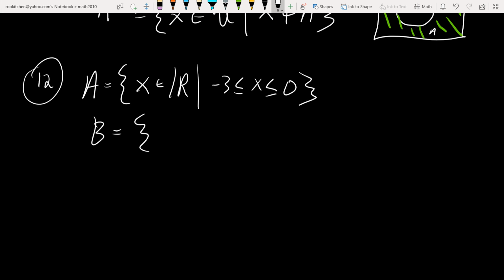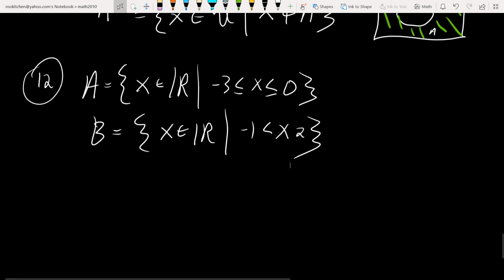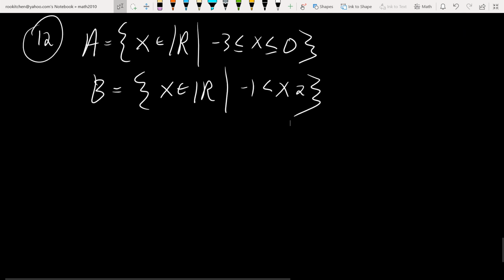B is the set of all x in the reals such that x is in between -1 and 2. When I get these, I like to write it all out because some of the problems on WebAssign are so long that you'll scroll away from the original definition. So if you have it written down on a piece of paper, you don't have to keep scrolling back and forth.